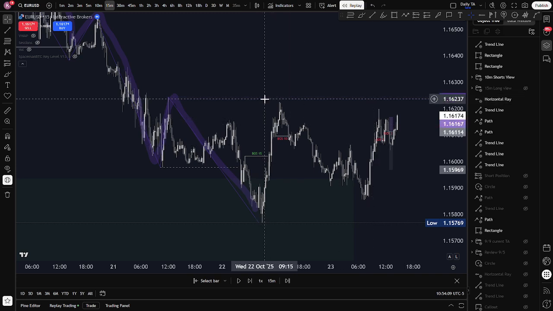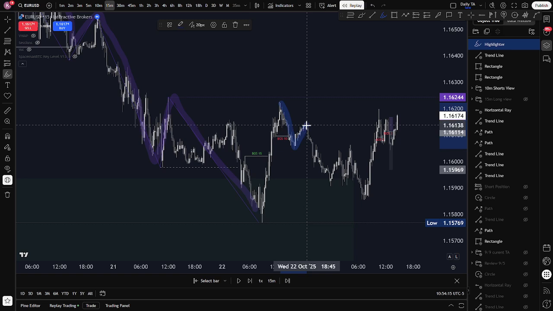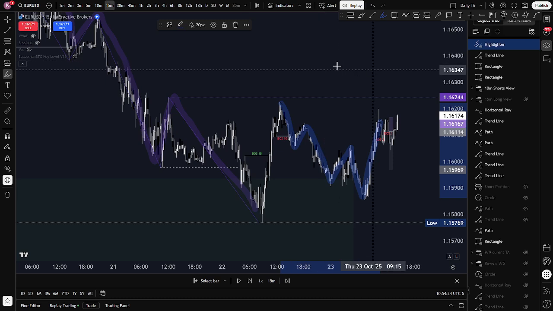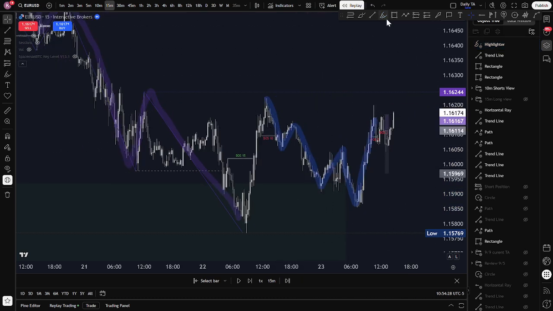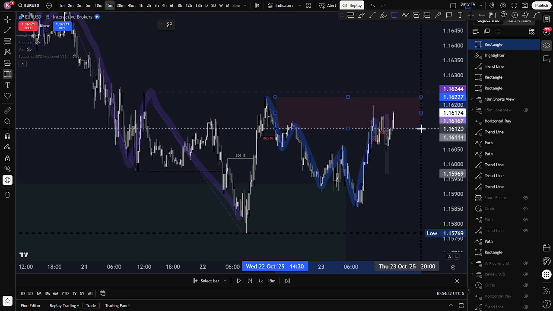So what happens on that? I looked at this as possibly its own pull now. And even though it does break up here, let me put this in, we'll leave it in blue. So I was thinking this could maybe be a mitigation of some kind of supply up here.